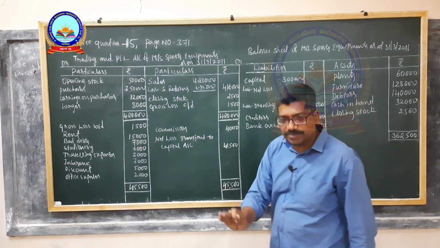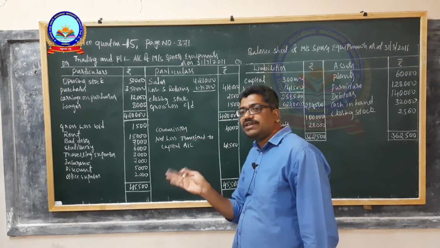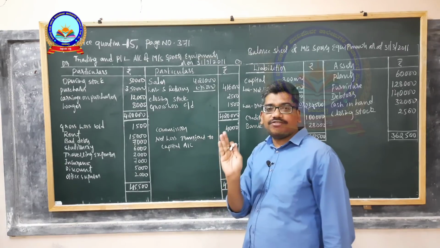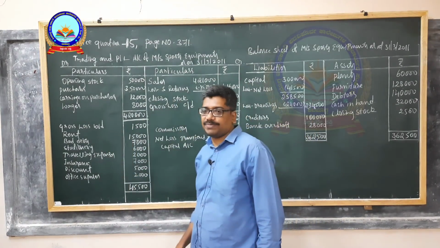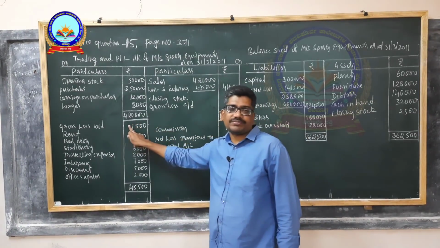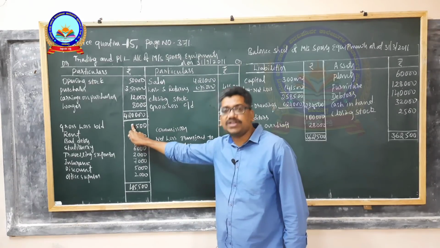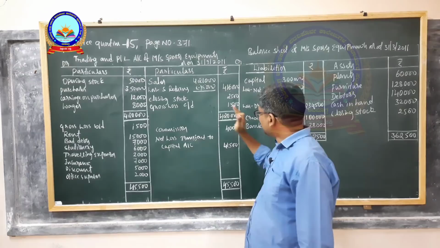But in the previous problem the trading account showed more amount on the credit side, therefore we got gross profit in the previous problem. But now in this problem the debit side is more, so the difference, the balance, comes on the credit side.